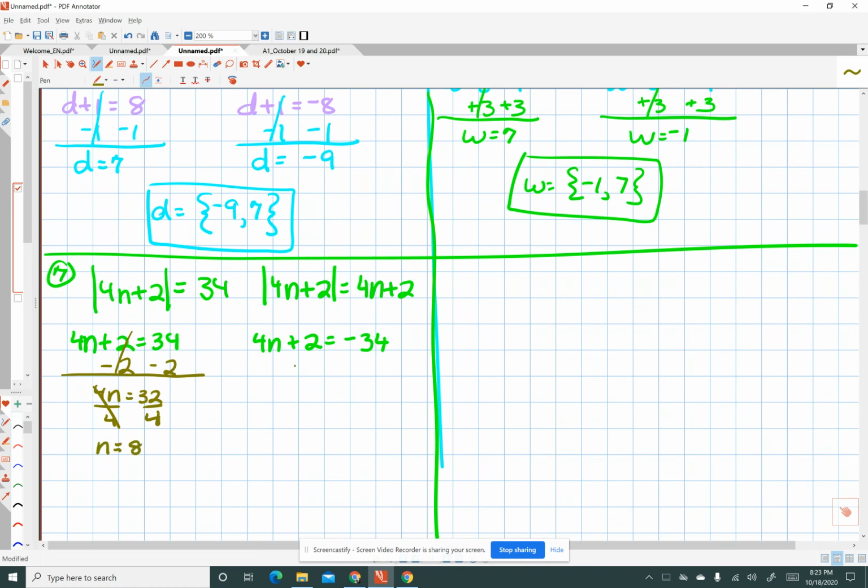And on the right-hand equation, we'll subtract 2 from both sides. 4n equals negative 36. When we divide by 4, n equals negative 9. So n is equal to the set of all numbers such that n equals negative 9 or 8.